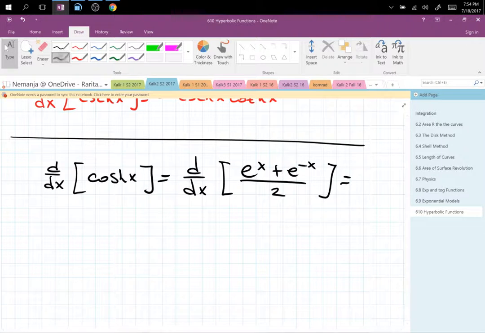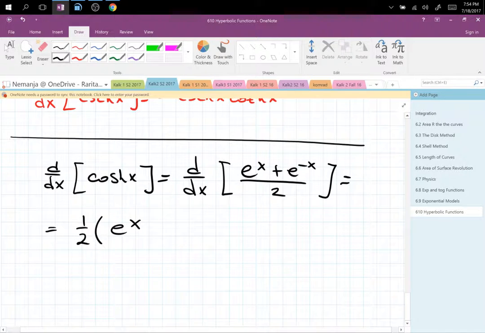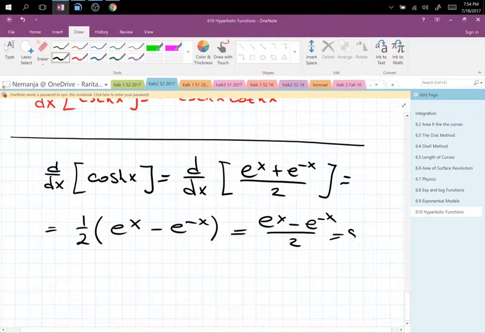All right. So what do we have here? We have 1/2 will stay 1/2, right? Because that's a constant. And then the derivative of e to the x is e to the x. And the derivative of e to the negative x is negative e to the negative x. So isn't this exactly the formula?